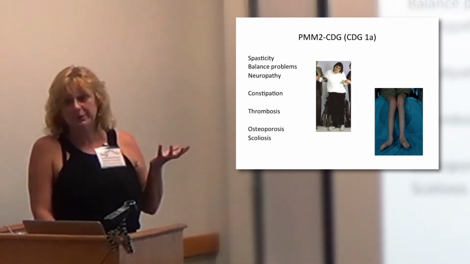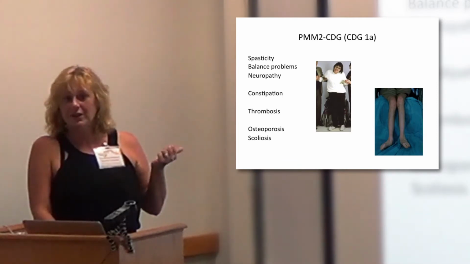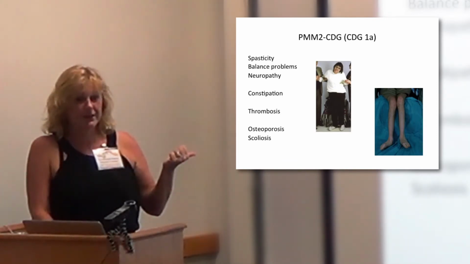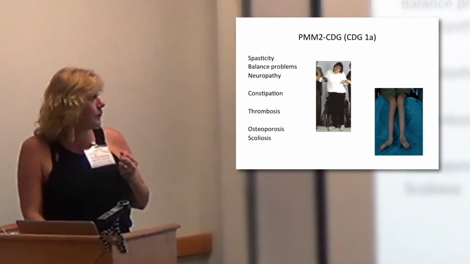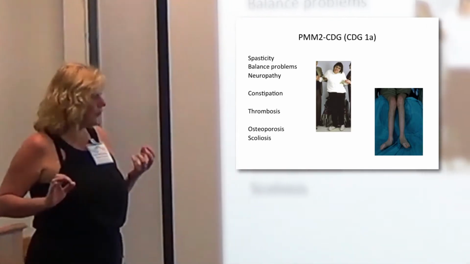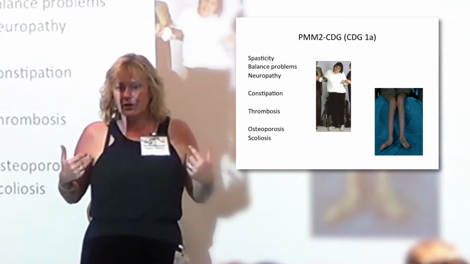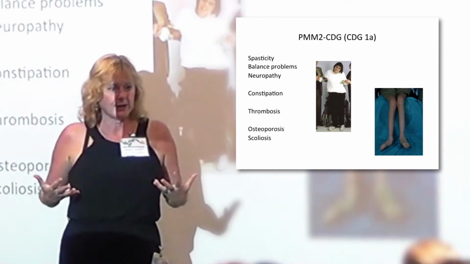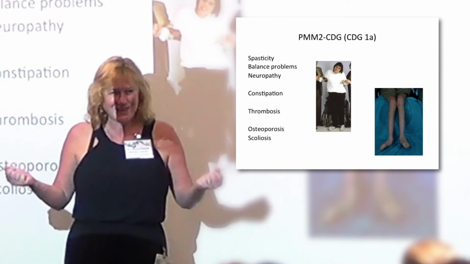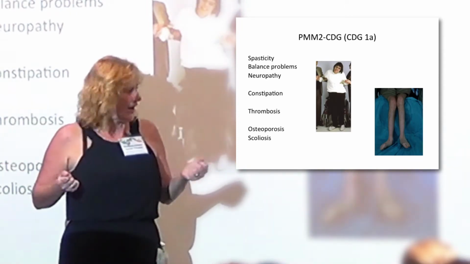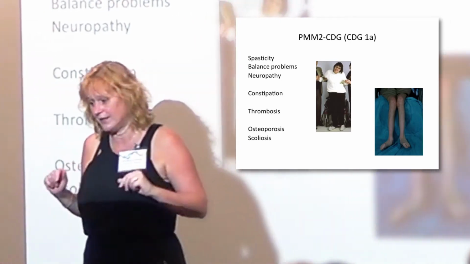They might develop spasticity, which is really difficult to deal with because that, together with the balance problem, could be really a problem to keep mobility, and the neuropathy. So when the nerves are not working fine, the muscles don't get the stimulation for working. And even though you worked on those muscles for years with physical therapy, you might lose those muscles when the nerves are not sending in the stimulation.